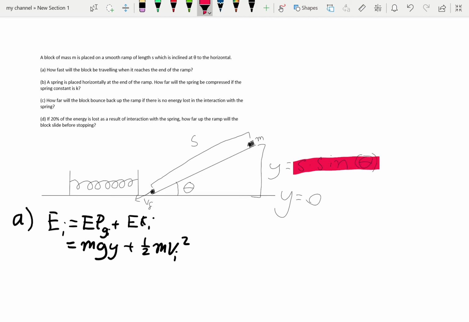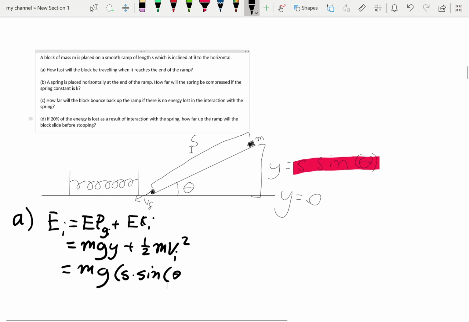And of course, initially the mass is not moving, so vi is equal to 0.